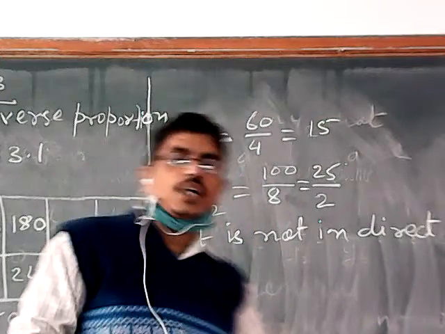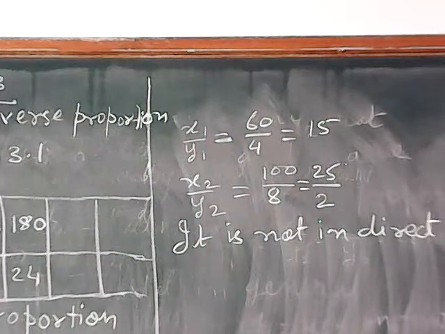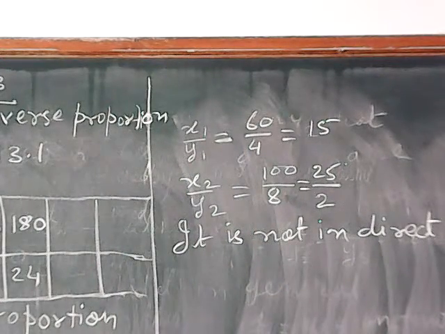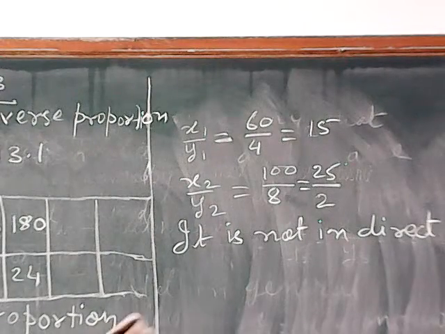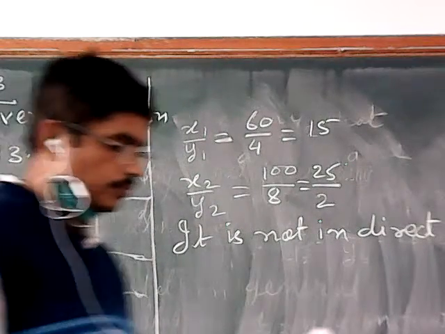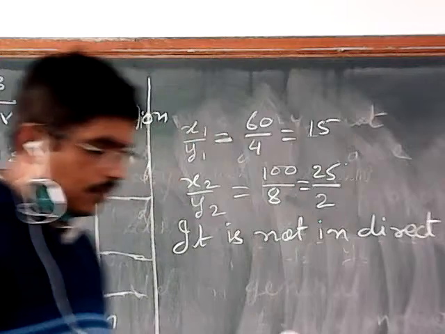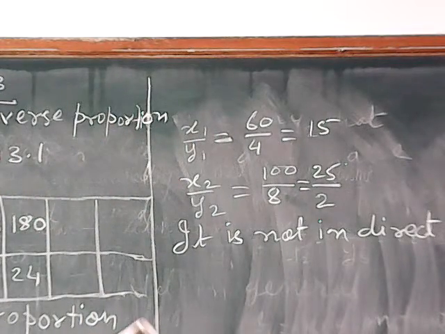No need to check further because they are different answers. So this is question number first: the given quantities are not in direct proportion.